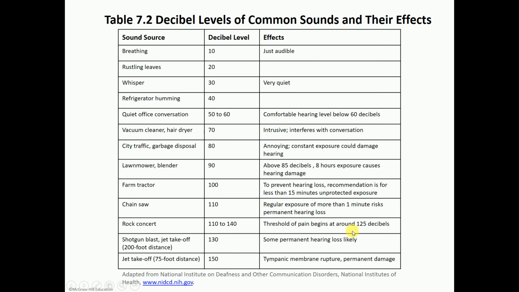Know that the threshold of pain begins at 125, so sometimes these rock concerts can get pretty crazy. A jet takeoff, when you're only at 75 feet distance, can actually lead to the rupture of the tympanic membrane and could lead to permanent damage. So again, this is just here for personal interest.